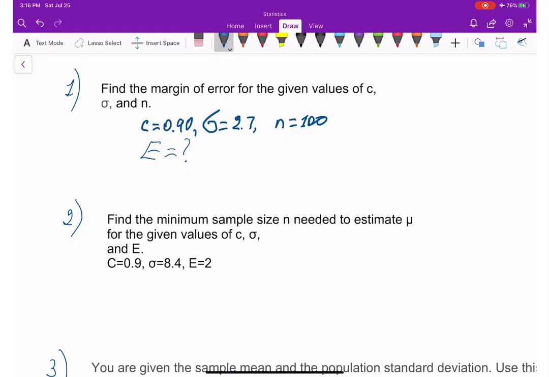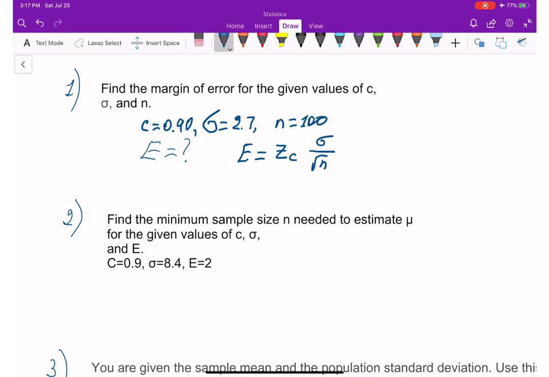Okay, so margin of error is equal. We always start backwards, so it's asking for margin of error. We are going to write down the formula for margin of error. Margin of error is equal to z critical times sigma over square root of n.